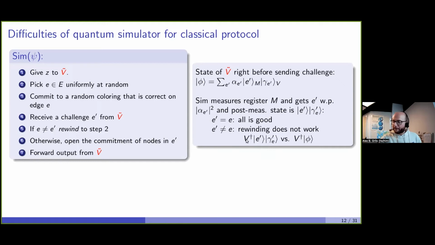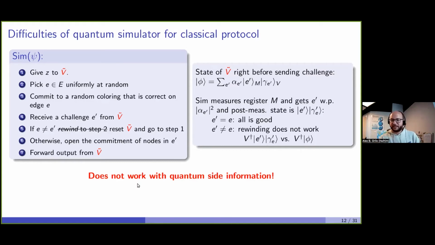So applying V dagger to E prime gamma E prime, there's a typo here, is different from rewinding the whole superposition that the verifier had. This disturbance of the state forbids us from rewinding in a straightforward way to step 2. This is just not possible because the state has been disturbed.